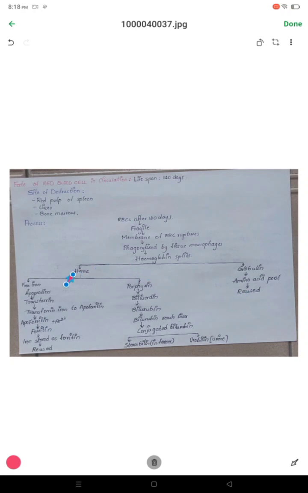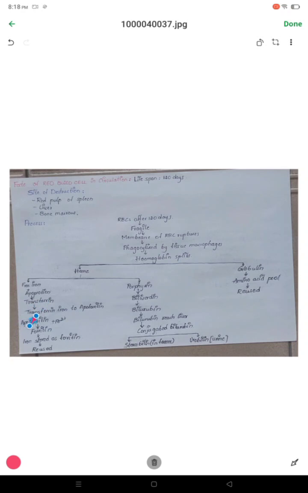And the heme is further broken down into iron and porphyrin. And the iron, which is produced, as it easily produces free radicals, is bound to the apoprotein in the spleen, and from there it is released into the blood. In blood, the free iron binds to the transferrin.